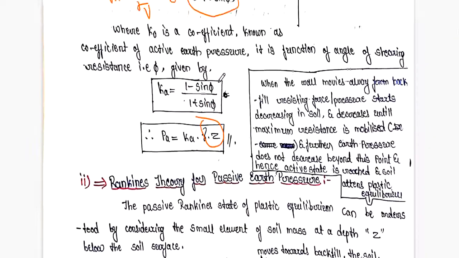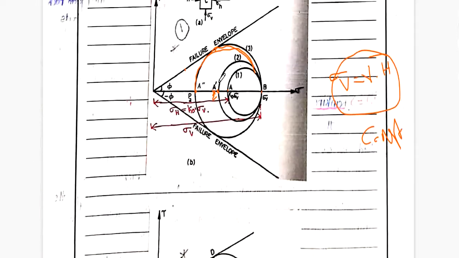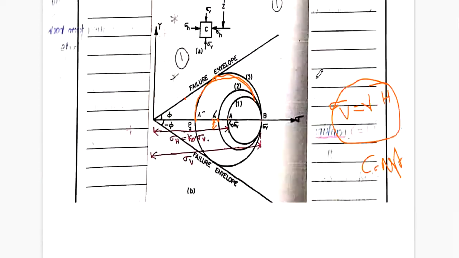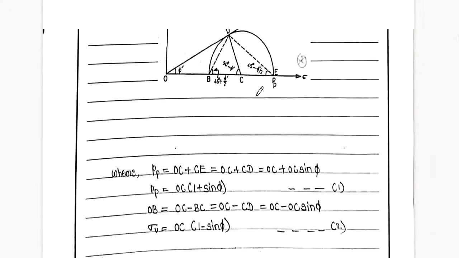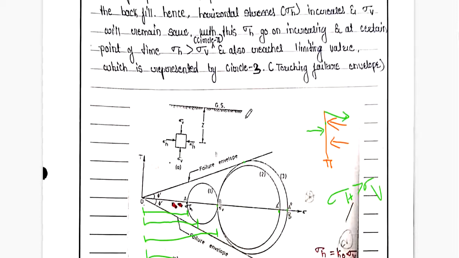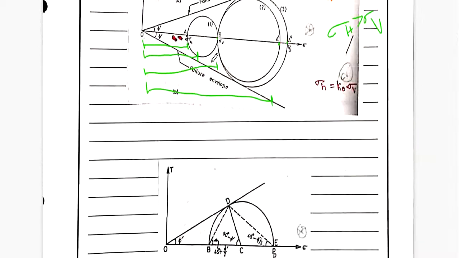Here it was Rankine's active state of plastic equilibrium, but here it is Rankine's passive state of plastic equilibrium. Whatever the horizontal pressure is at this particular point is called passive earth pressure.